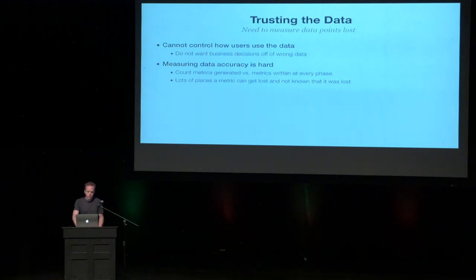Next, if there's data in this system, we should also make sure it is correct. We cannot control what users do with the data. For example, not that this has ever happened, using operational metrics for business decisions when the expectation of the system might be that only 90% of the data gets stored. Well, the question is which 10% is missing?